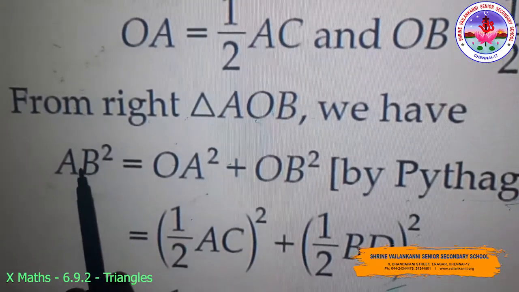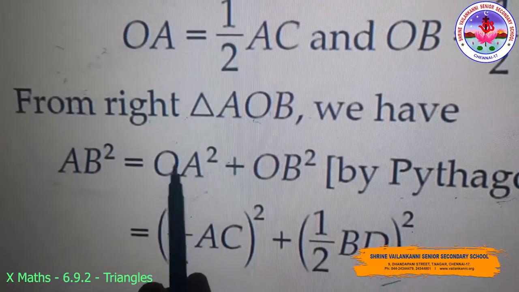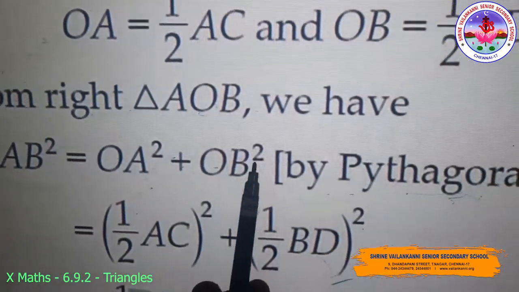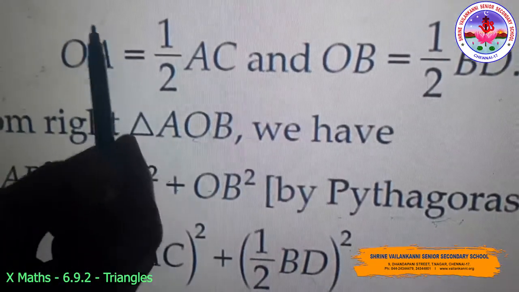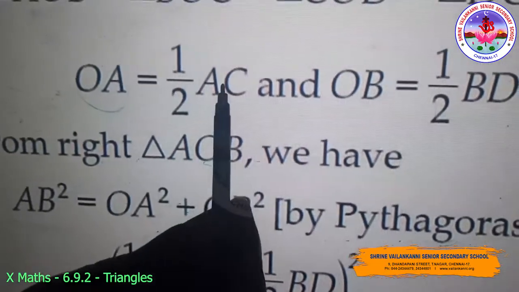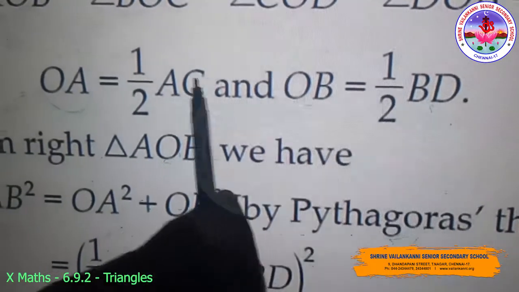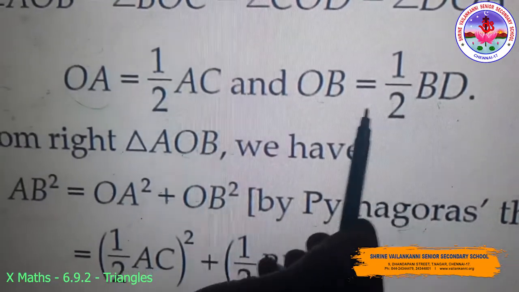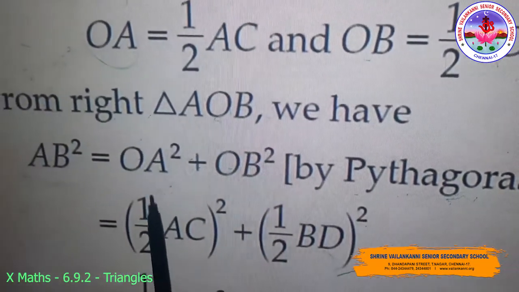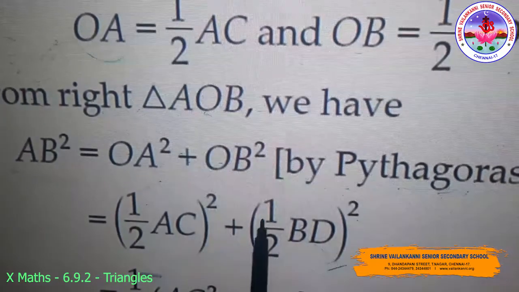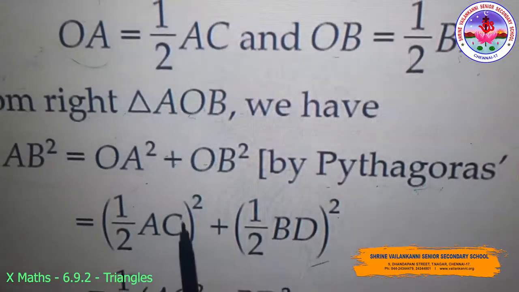So we get AB square is equal to OA square plus OB square. But we have taken OA as half of AC and OB as half of BD since the diagonals bisect each other. So I am going to substitute OA as half of AC and OB as half of BD.